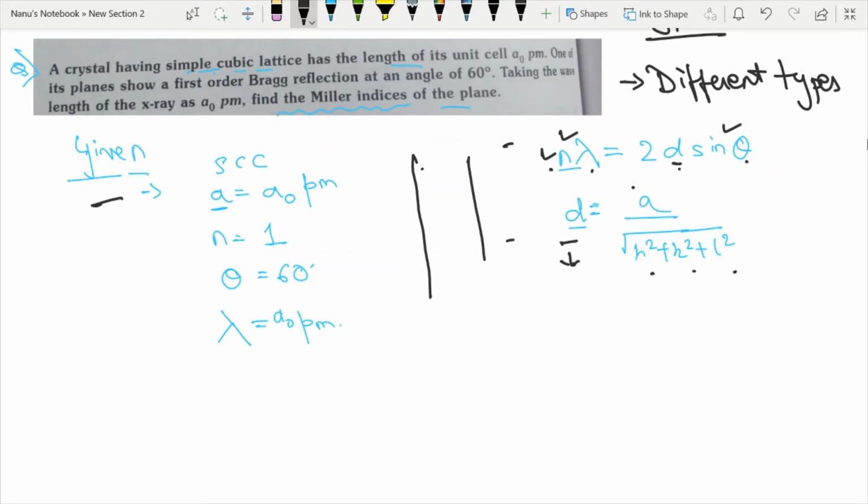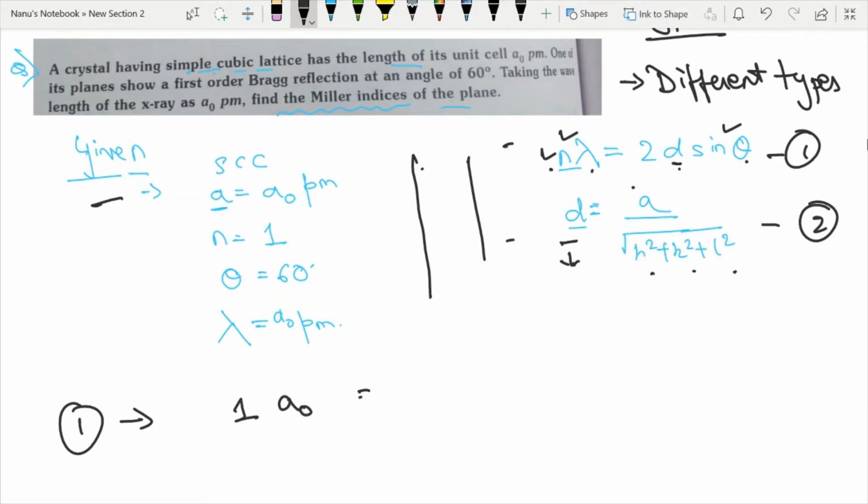So for a crystal, we will do the first part, number 1, number 2. Let's use formula 1, and over here what is n? N is 1. What is our lambda? Our lambda is A0 picometers.